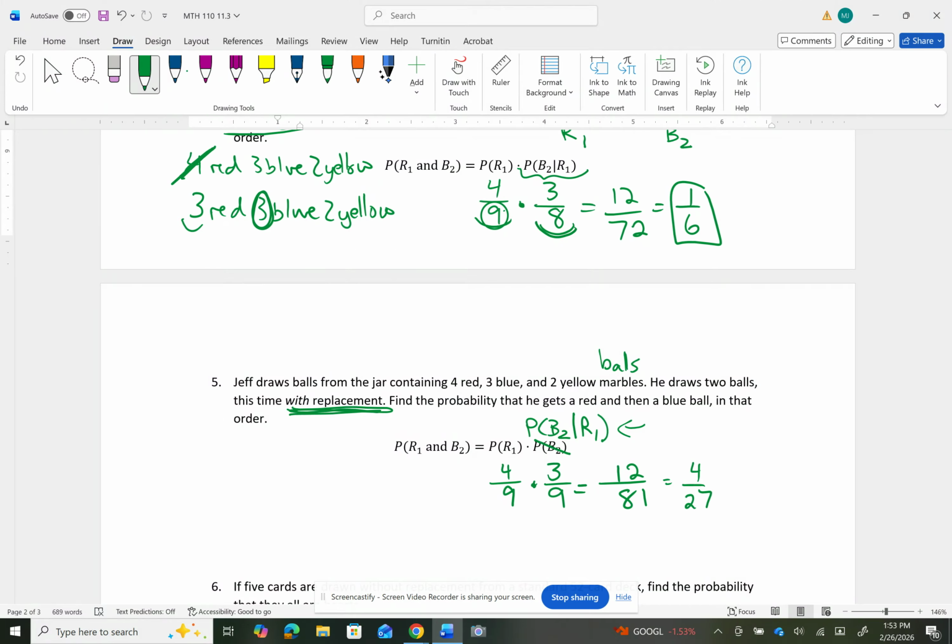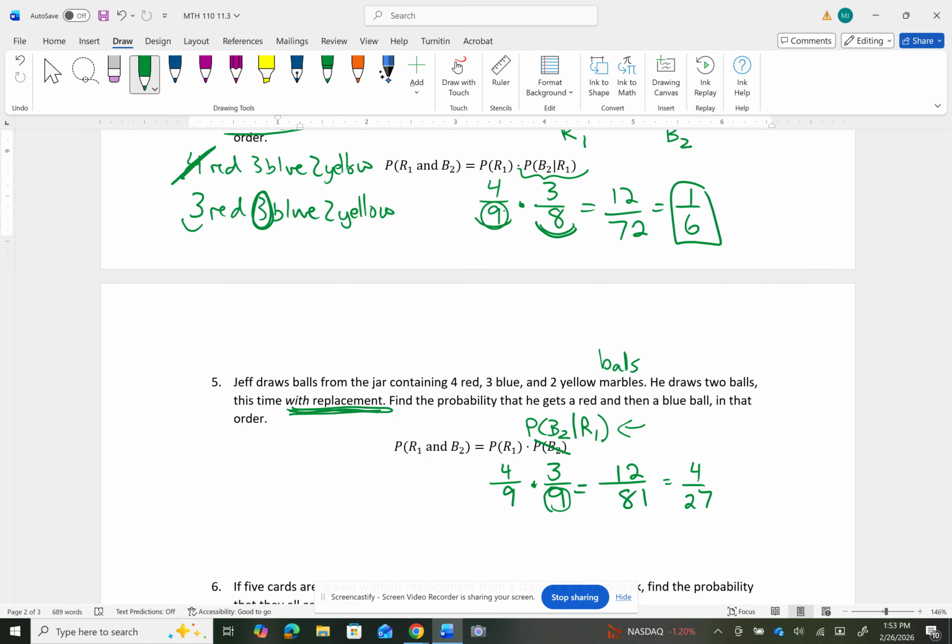So before I did my second draw, I really had 9 marbles again. So I don't think of it as having 2 different formulas. I just think of the probability of the first happening and then the probability of the next thing happening. I always think of it that way. That way I'm more careful and I don't mess up the previous situation.